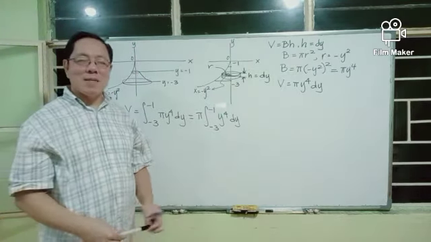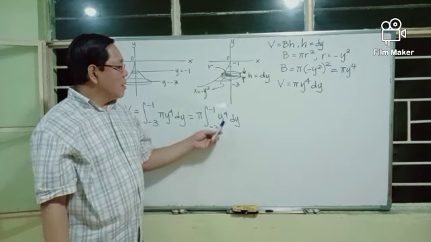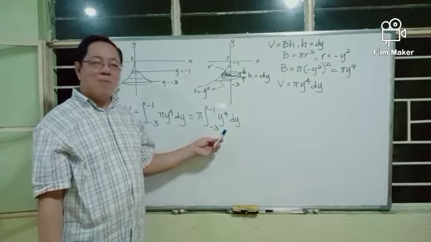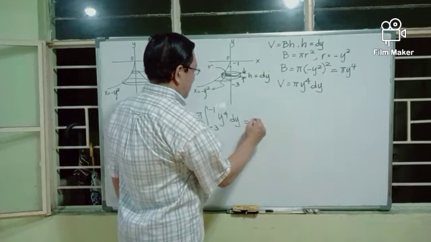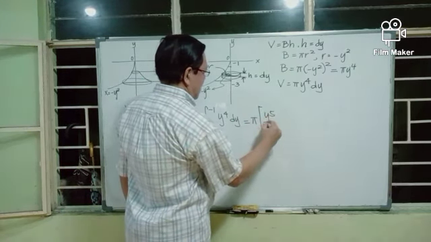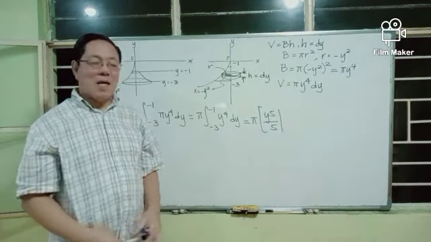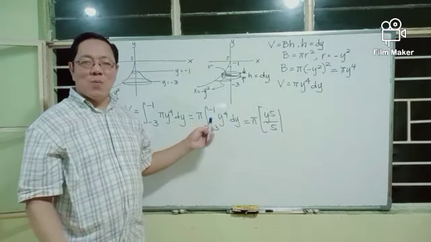And we integrate y raised to 4 dy using the power rule. Plus 1 to the exponent of y, 4 plus 1 is 5, and divide by 5. And we evaluate y raised to 5 over 5 from negative 3 to negative 1.